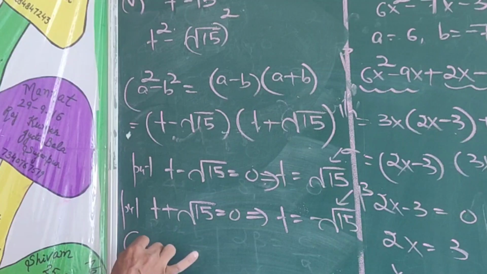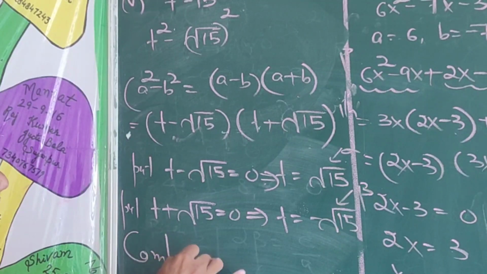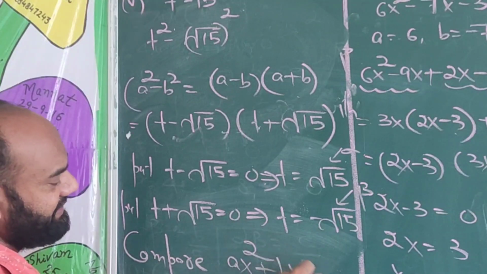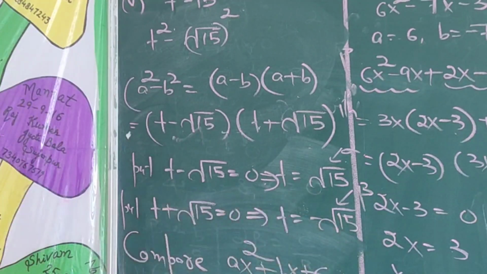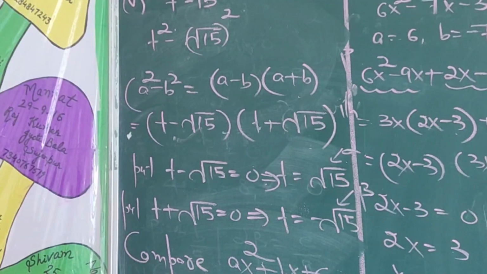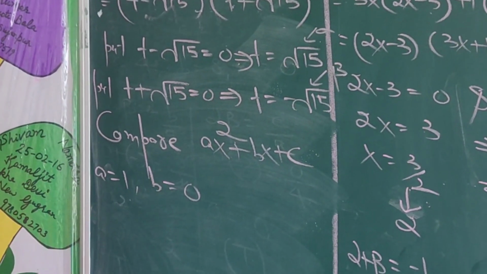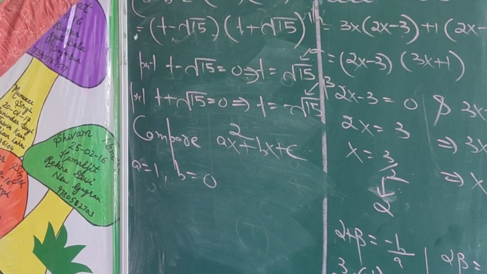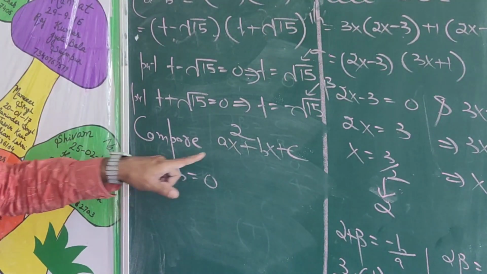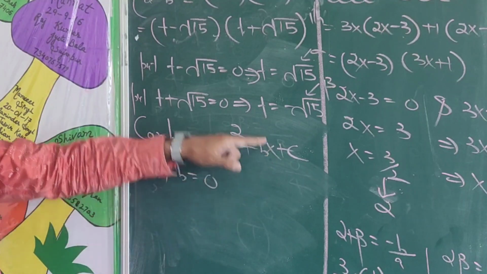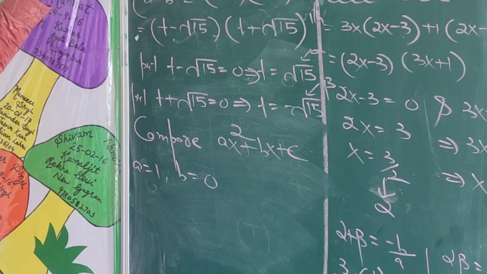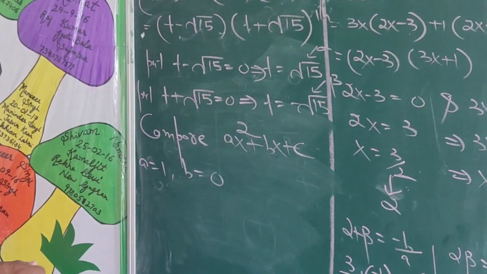Now compare the given polynomial with the standard form of quadratic polynomial ax square plus bx plus c. We get a equal to 1 and b equal to 0, because a means the coefficient of x square, and here the coefficient of t square is 1, and b is the coefficient of x, and here b is the coefficient of t, and because there is no term containing t, b is 0.